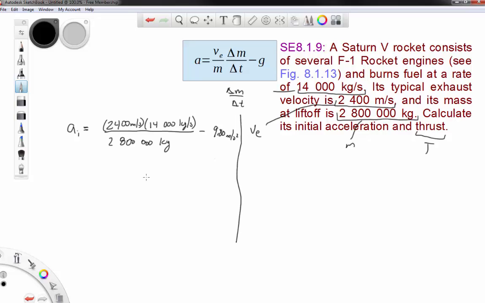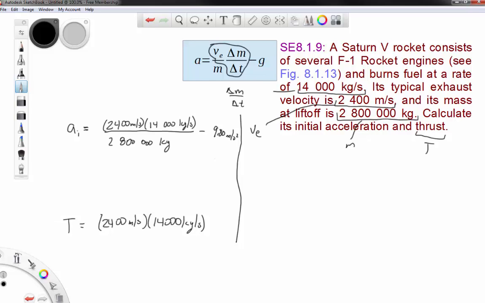All right, so I'm going to go ahead and also calculate the thrust now that I've written that all down. This right here is the thrust. So the thrust should be 2,400 meters per second times 14,000 kilograms per second.